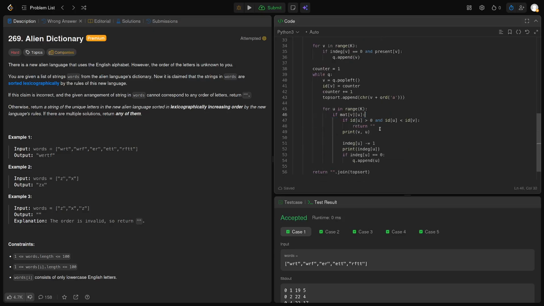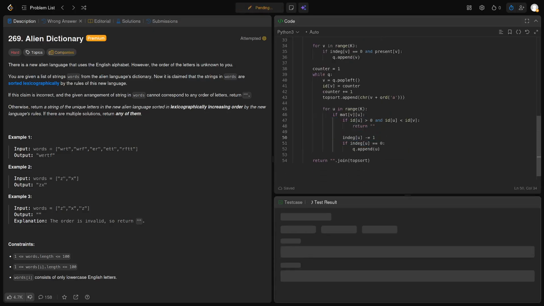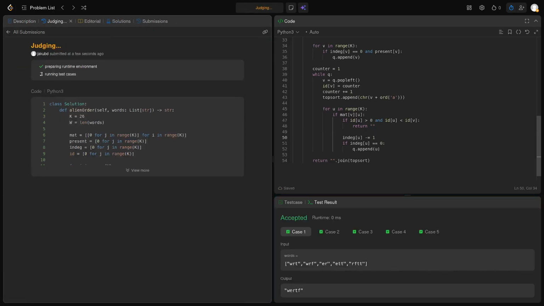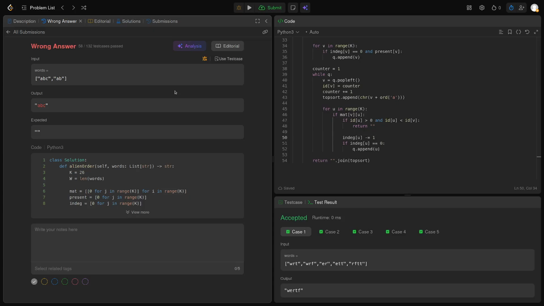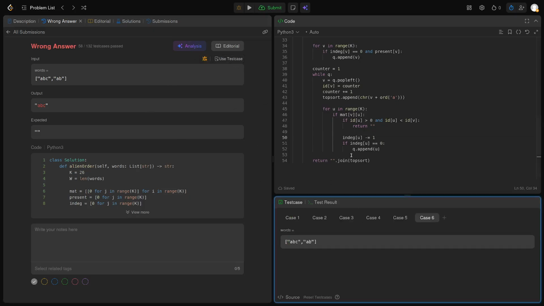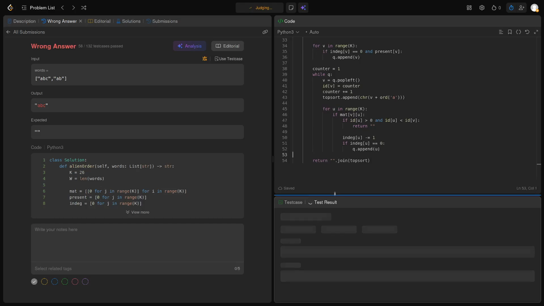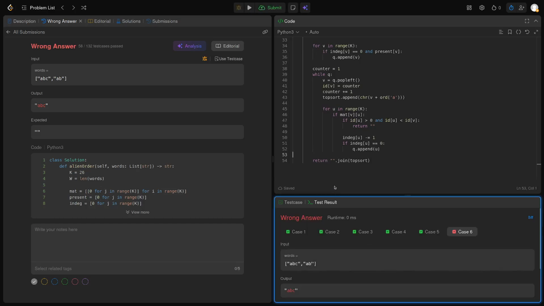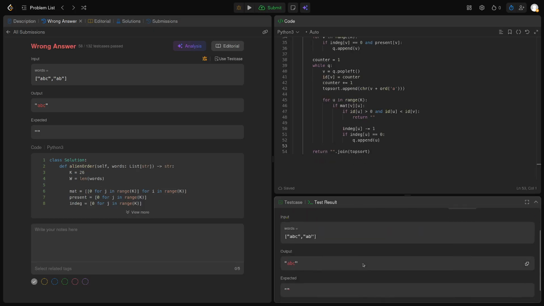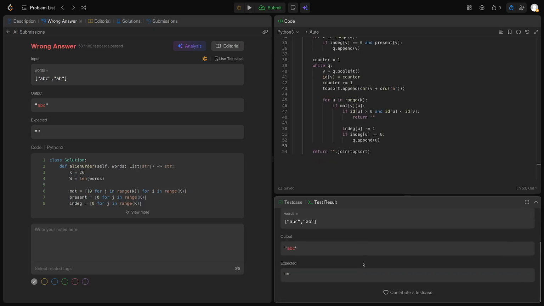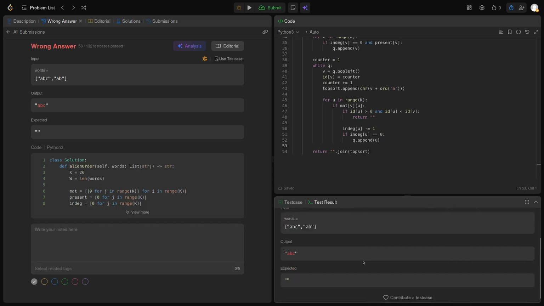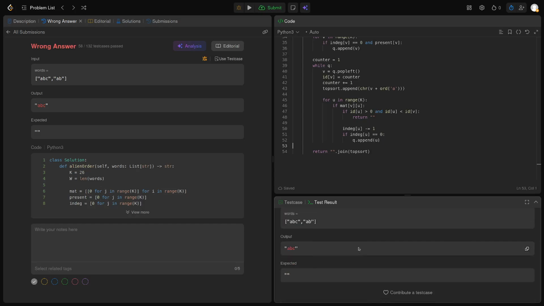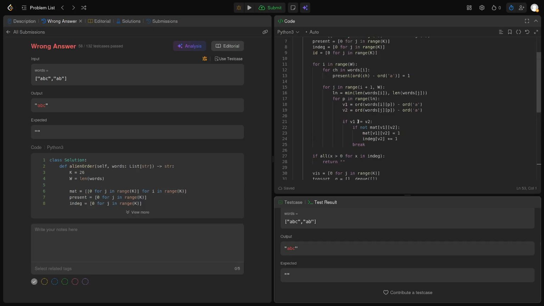This is printing, this is printing, this is printing, this is printing. There is no way, bro. This gets even worse. What do you mean, bro? What is that? Oh.